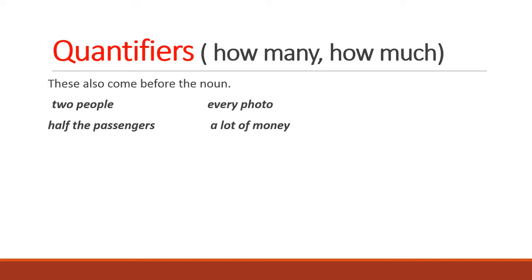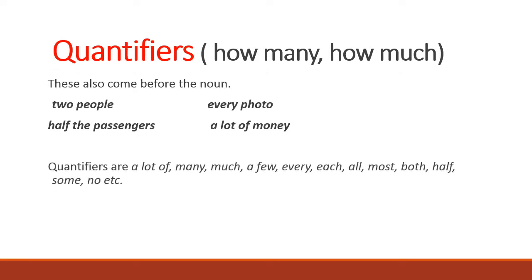These also come before the noun, just like the determiners. But they talk about how many and how much. Two people means the number is two. Half the passengers means half of the passengers. And it can also talk about how much: every photo, a lot of money. So quantifiers, which talk about quantity, also come before nouns in a noun phrase.